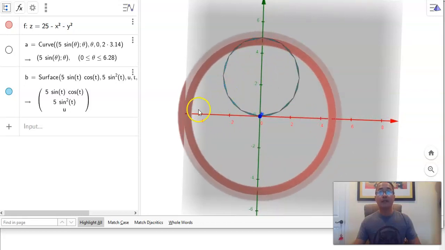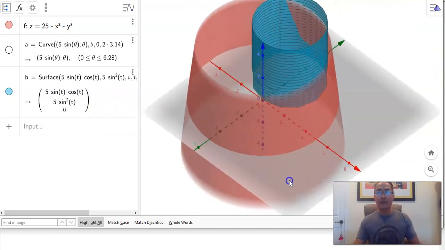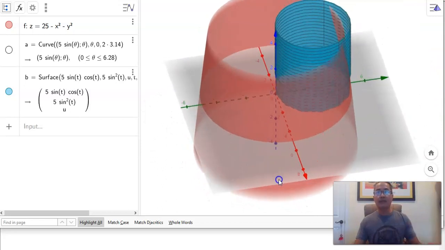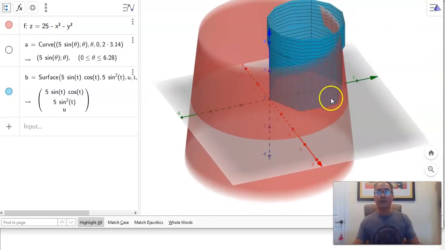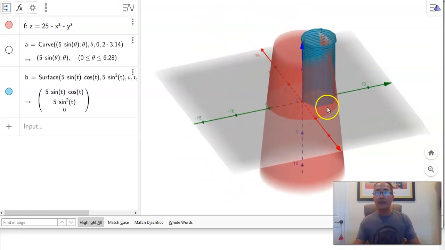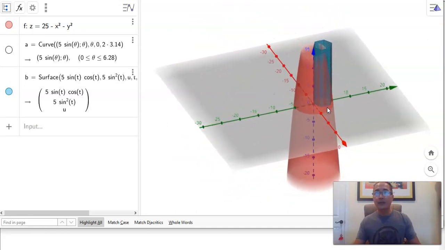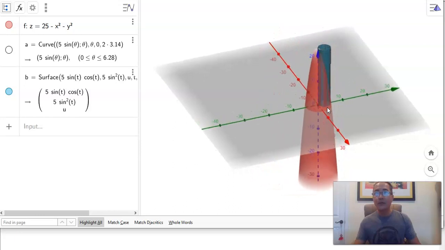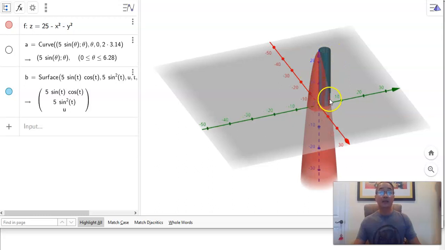I'm drawing it as a surface, which is why it's not as smooth as it would look if you just did z equals f of x, y. Zooming out, we can appreciate what the full solid looks like. There it is. We're only getting this portion of our solid.